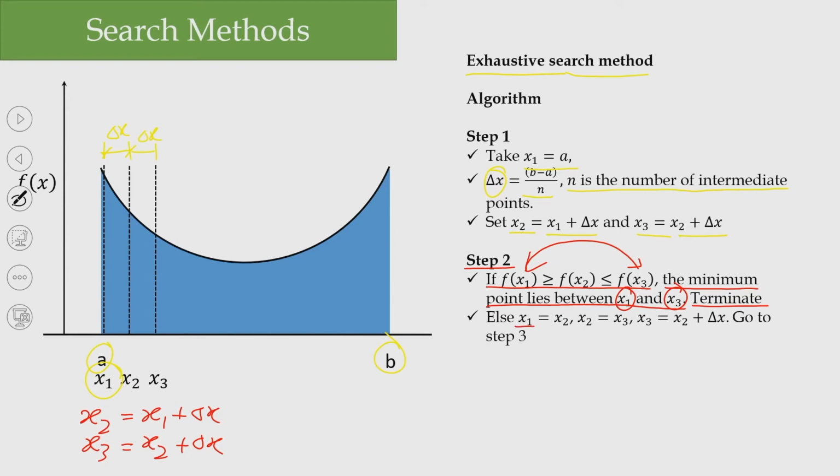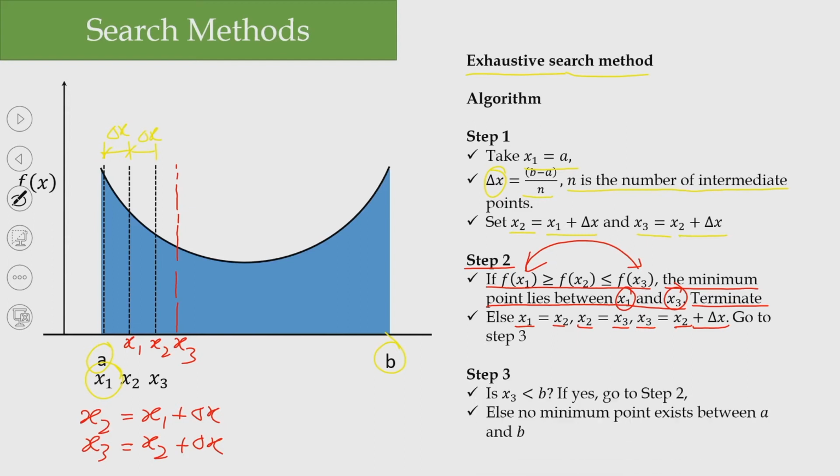In that case x1 equals x2, x2 equals x3, and x3 equals x2 plus delta x. So if the condition is not true, we take another point. Now this will be your x1, this is x2 and this will be your x3, and then go to step 3.